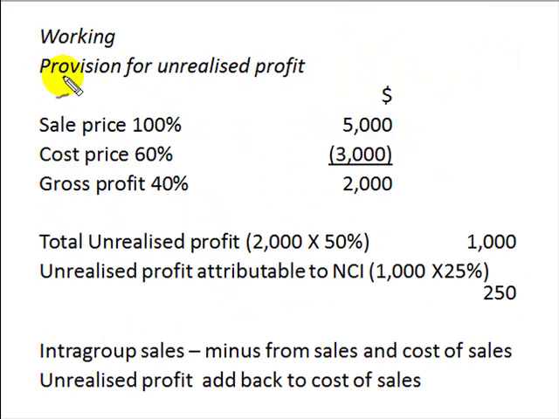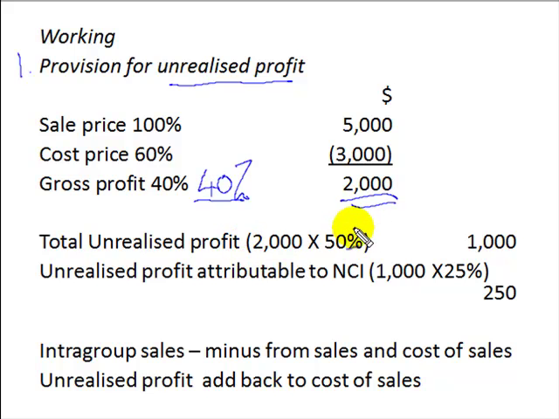If you look here, you have a provision for unrealized profit. So the first step is to calculate how much your unrealized profit is. According to the question, they gave you sales of 5,000 and a gross profit margin of 40%. So you have a total of 2,000 as the total profit.